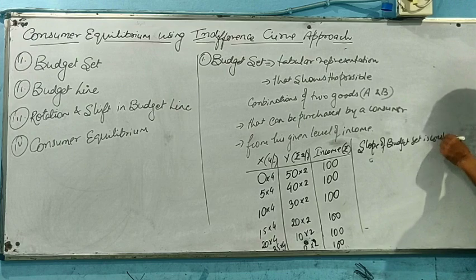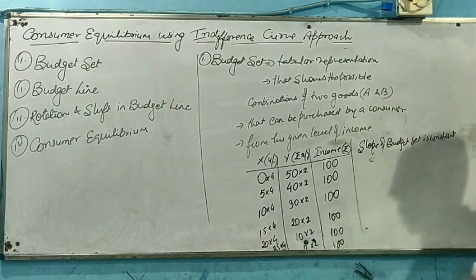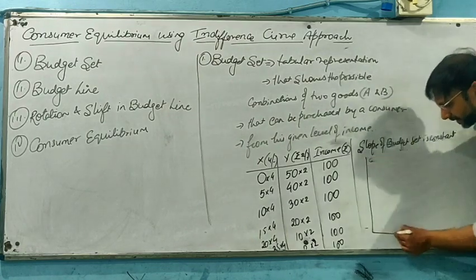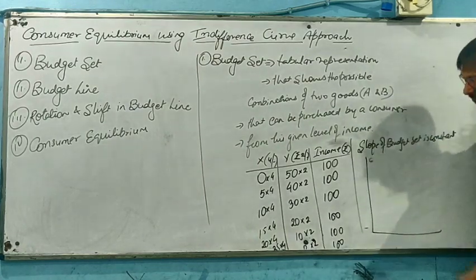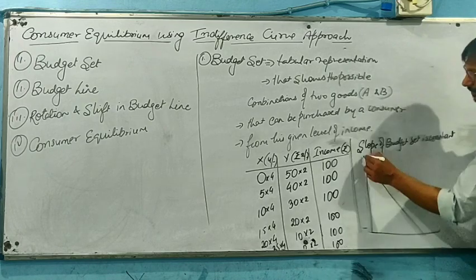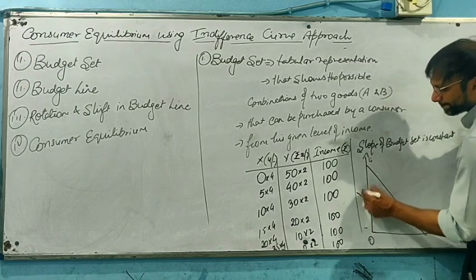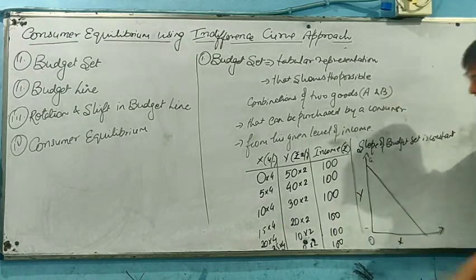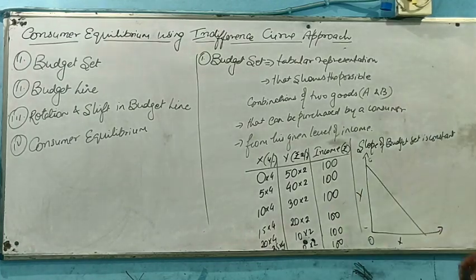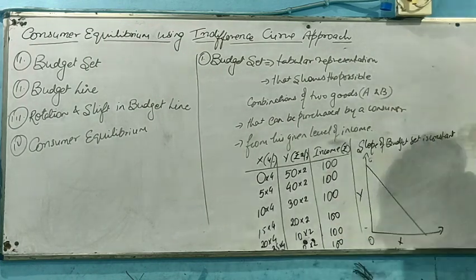We can measure one thing, that the slope of the budget set is constant. If it is constant, the line we are talking about, the budget line, will be a slanting, downward sloping line that indicates how a consumer can purchase two commodities from a given level of income.